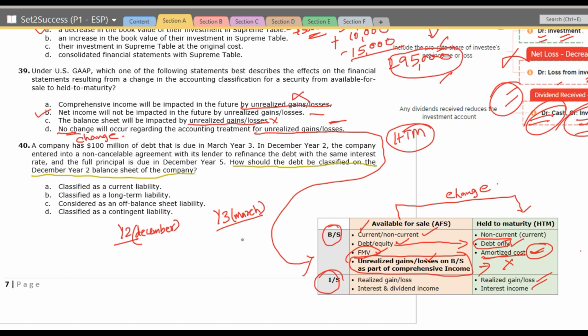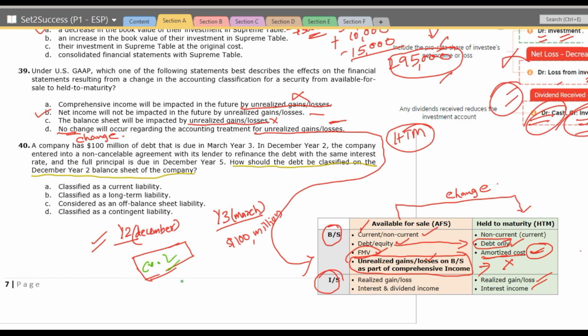This debt, which is of 100 million, which is due in March year 3, is current right now because we are going to prepare our financial statements in December year 2. We are standing here and we are going to create our financial statements in year 2 December, and the debt is due in year 3 March. So this is a current liability.